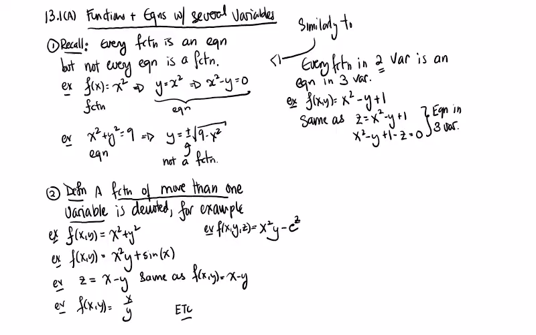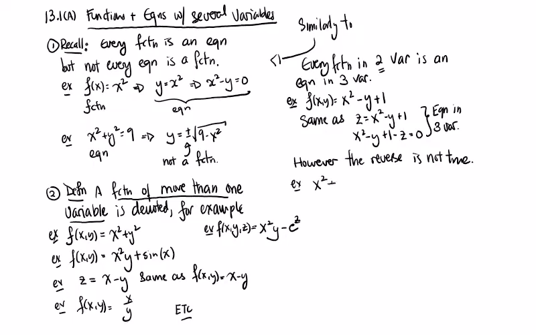Now, of course, not every equation in 3 variables is a function in 2 variables. Let's say the reverse, however, is not true. And we've seen one already. For example, a sphere.